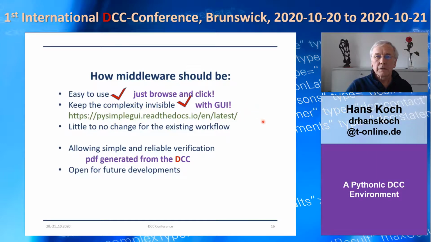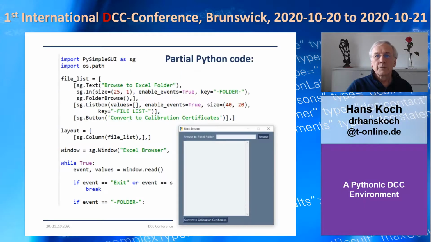One can construct this graphical user interface also by a Python file, PySimpleGUI. This is a partial Python code of this. You see here, browse to Excel folder, convert to calibration certificates. All these elements are then constructed with these few lines.